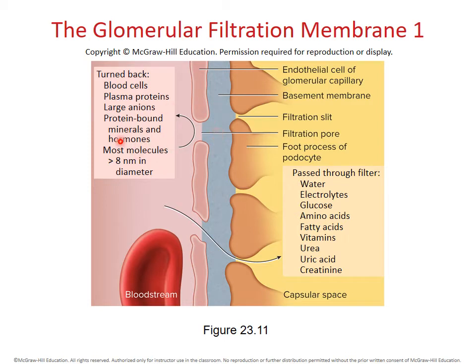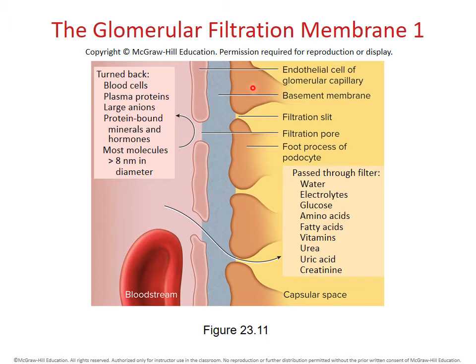So there are some molecules that are small enough to pass through the fenestrations in the capillary, which are 70 to 90 nanometers in diameter, but we see that anything greater than 8 nanometers starts to have difficulty. So clearly they're small enough to get through the fenestrations. What they have difficulty getting through is this proteoglycan gel, which is, again, the basement membrane.